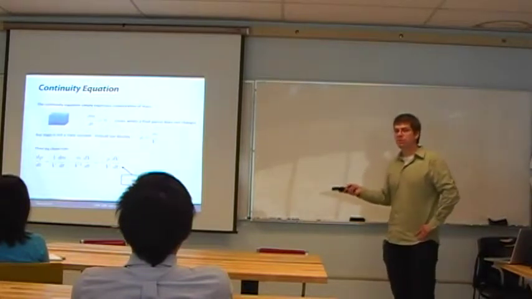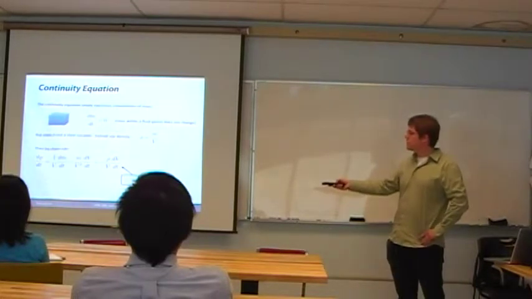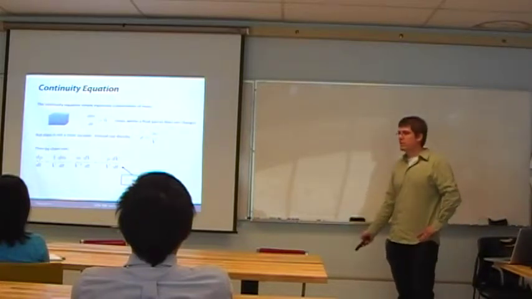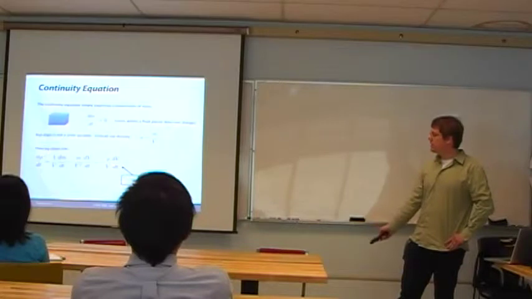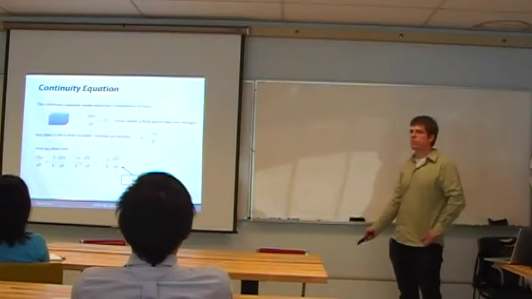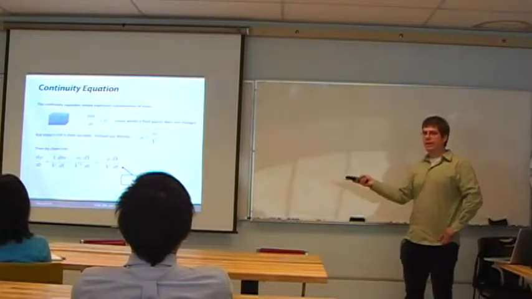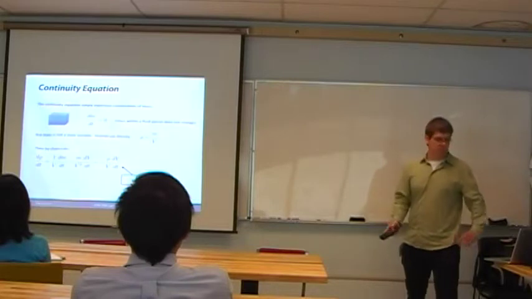The mass within the fluid parcel does not change with respect to time. And so we simply obtain this expression right here, namely that the change in density with respect to time following the fluid parcel is equal to negative density divided by the volume times the change in volume with respect to time. So the question is, what is it that actually causes a change in volume of the corresponding fluid parcel?